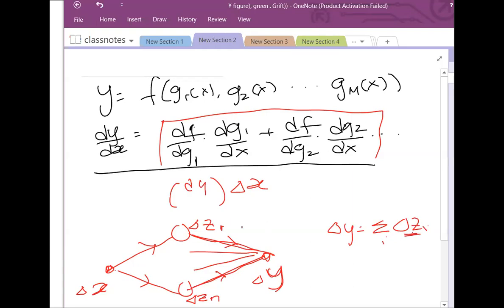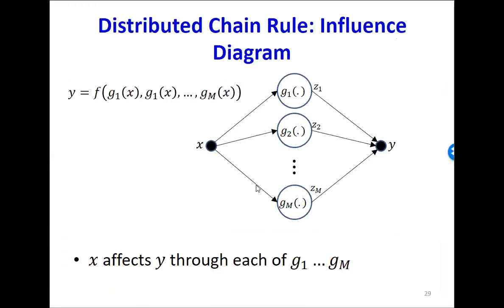And the perturbation in z is simply going to be delta x times dz over dx. So that's basically how the whole thing works, which means that the derivative of y with respect to x is going to be the sum of the derivatives for every one of these paths.